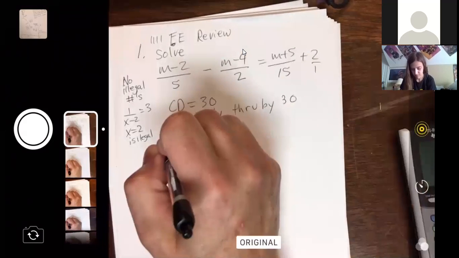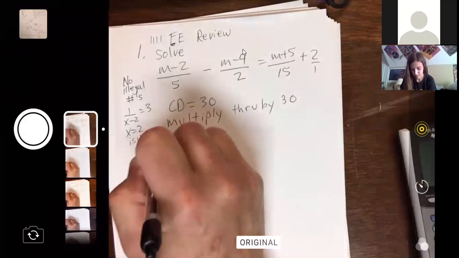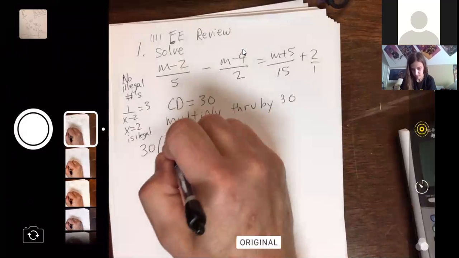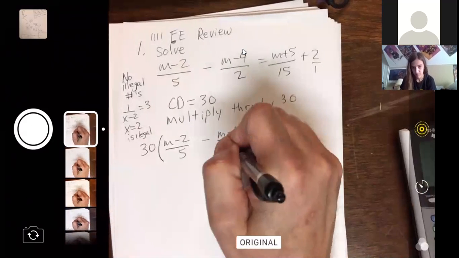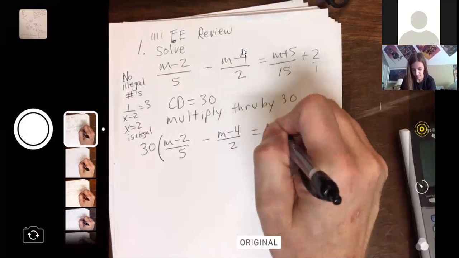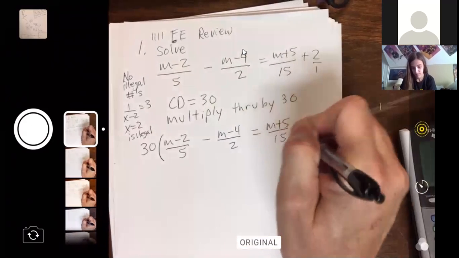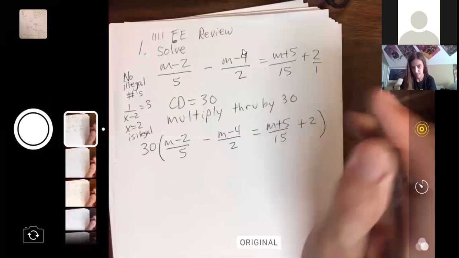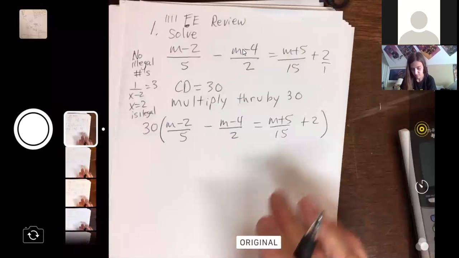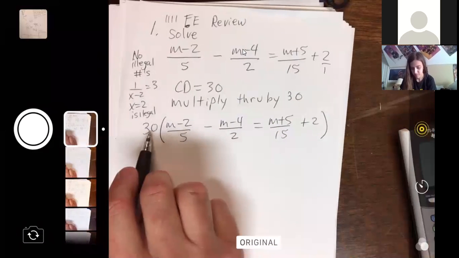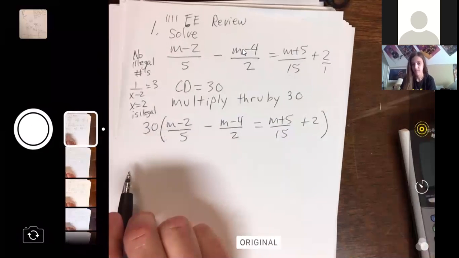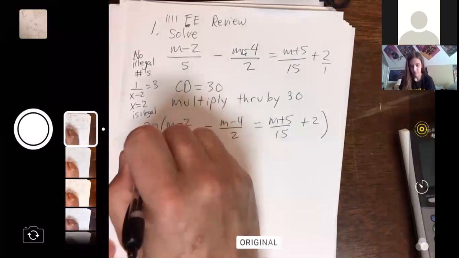If I do it really slow, it's like a gigantic distributive property. 30 times (m minus 2)/5, minus (m minus 4)/2, equals (m plus 5)/15, and add 2. If you remember how this works, you cancel your number into your common denominator and multiply through. So 5 into 30 leaves us 6.